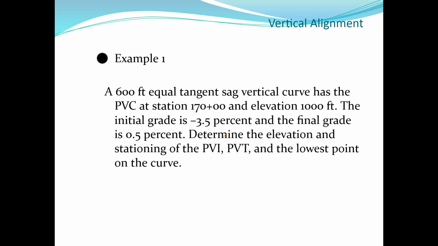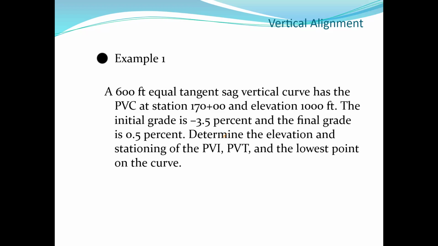Let me ask you this though. If I was looking for the elevation of PVT instead, could I use that equation? Yeah, for the elevation of PVT, go ahead, put X equal to 600 and solve it. You will be in good shape.